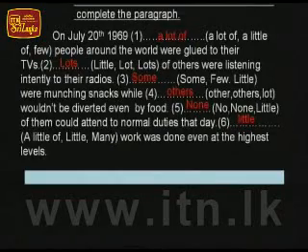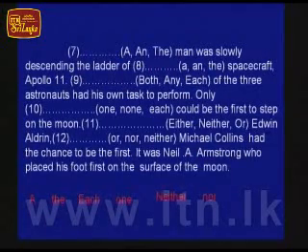Blank number 7. The sentence begins with a blank, and within brackets you get the determiners a and the articles which we spoke of earlier. A and the man was slowly descending the ladder. Now for the first time we are talking about a man. So therefore you can't use the article the. We do not know which man, so we would say a man was slowly descending the ladder of the spacecraft.